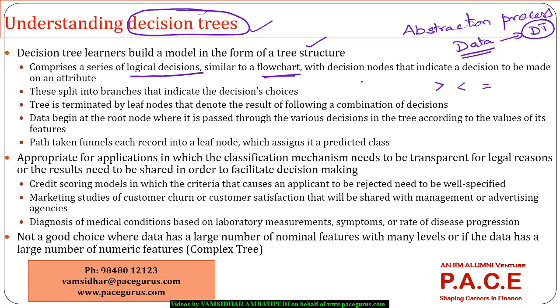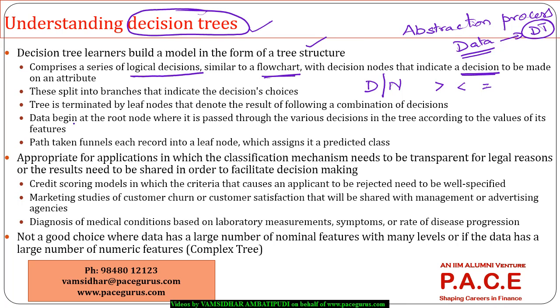For each node, for each path, there is a decision to be made. So for this path of people, whether they would be defaulting on the loan or not, the data is broken into different structures, and based on the different groups that the data is broken down into, I would work out which set of people would be defaulting and which set would not, by looking at the decisions of each of the subgroups.